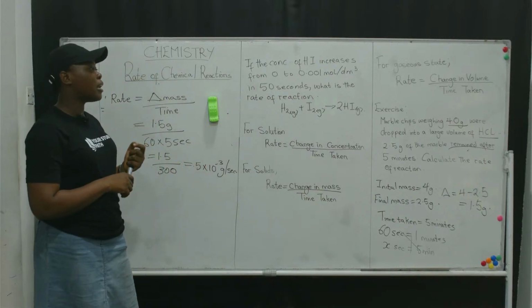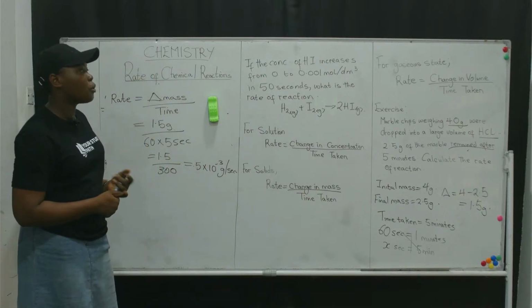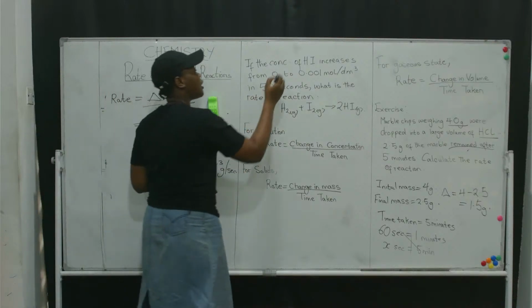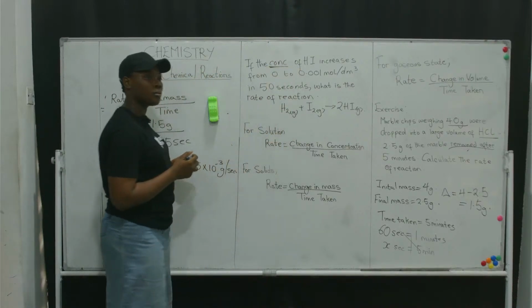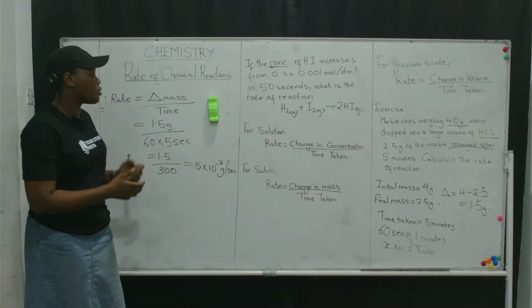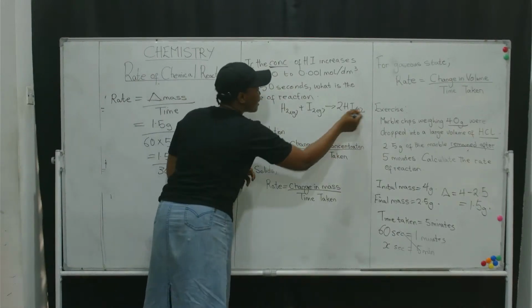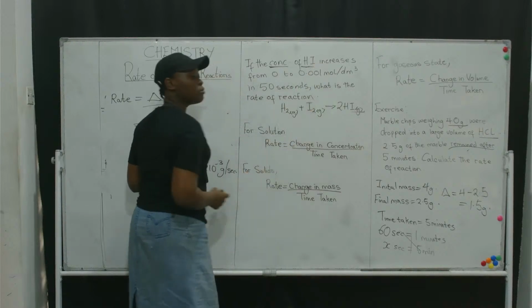From the 3 formulas, which should we follow? Definitely that of concentration, right? Because we're given the concentration here, and so we'll follow the concentration.